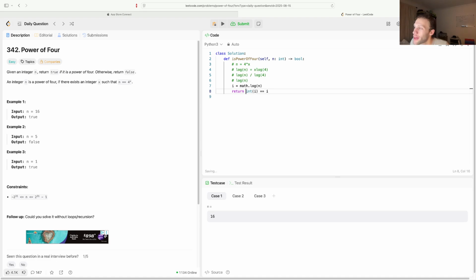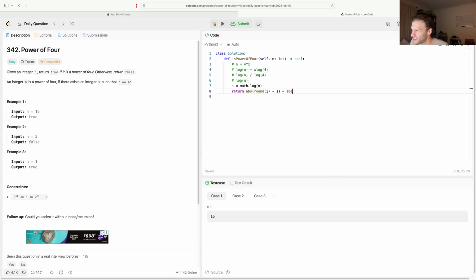But no, you can't do that, because floating points are kind of whack. Sometimes it will divide weirdly. So you actually have to round i, then subtract it from itself, and take the absolute value.